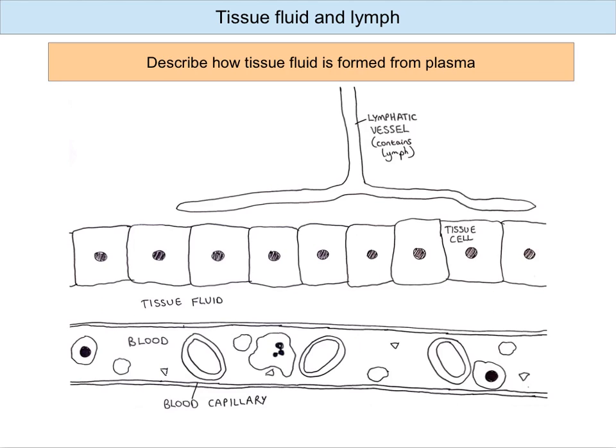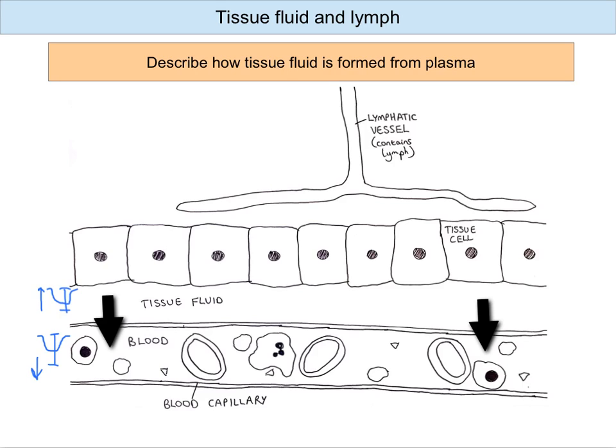For example, there are more blood cells, white and red, more nutrients, and a greater number of different proteins inside the blood compared with the tissue fluid. And that means that there is a lower water potential inside the blood capillary compared with the tissue fluid, which would have a higher water potential as it has many fewer substances dissolved or suspended inside it.